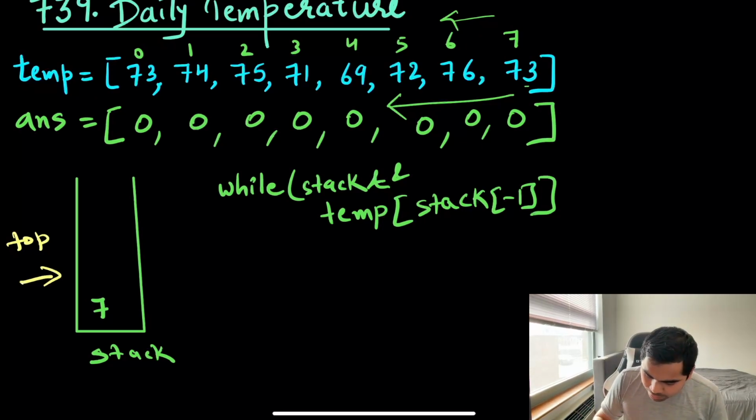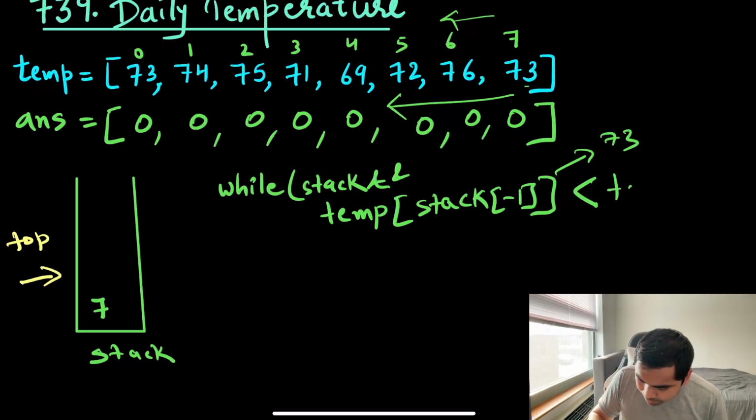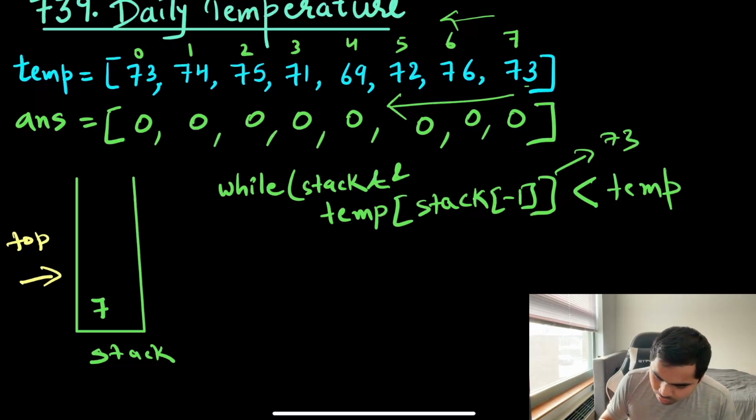So this will give me 73 for now, and I'll check if this value is smaller than my current temp, which, I'll just call this temps.